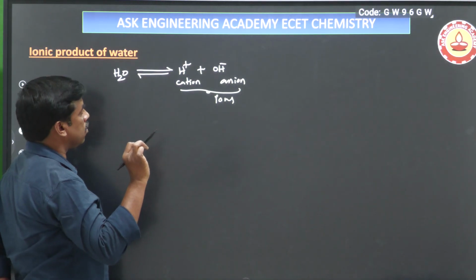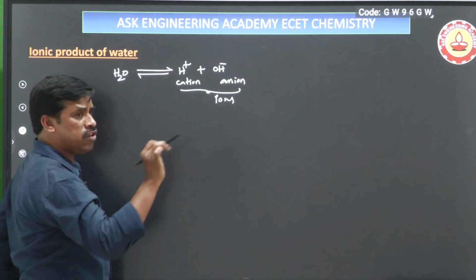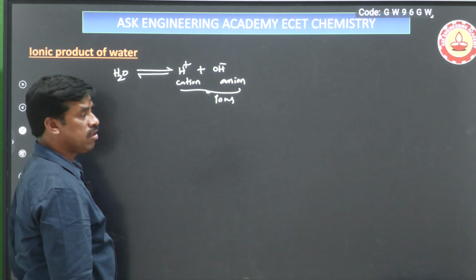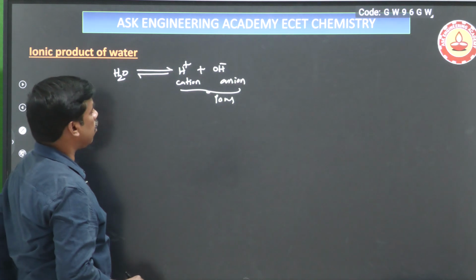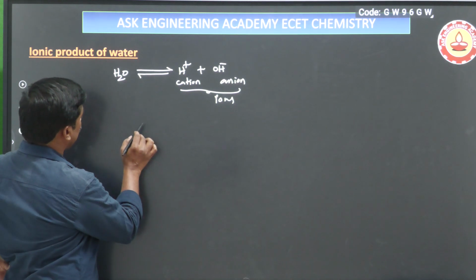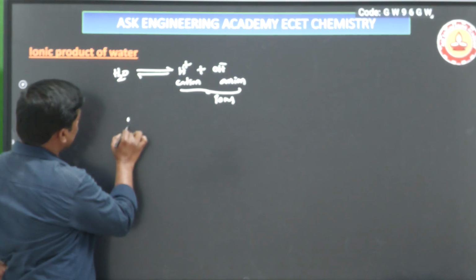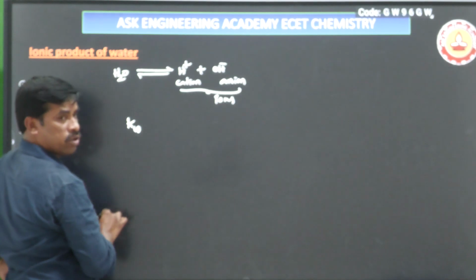What did I say? The product of H plus and OH minus ion concentration is said to be the ionic product of water. The ionic product is denoted by Kw.